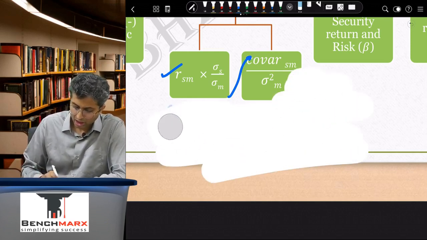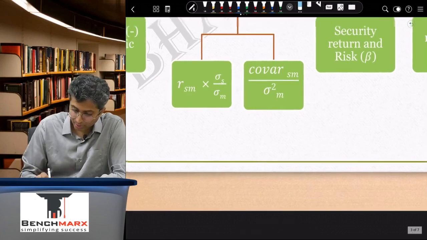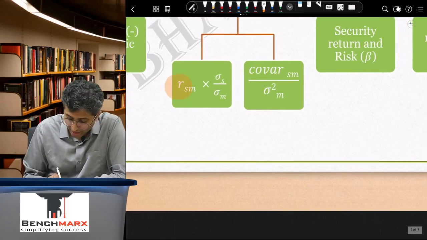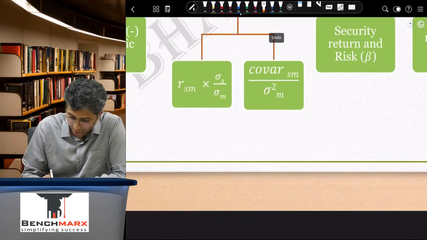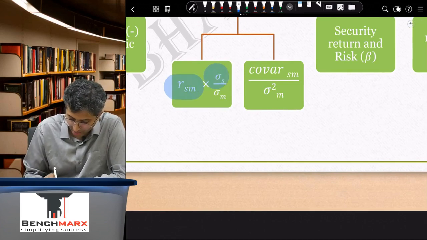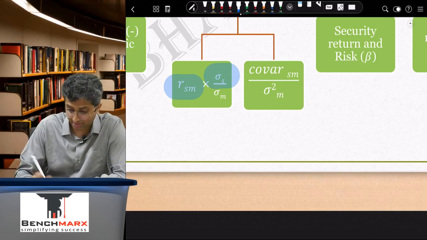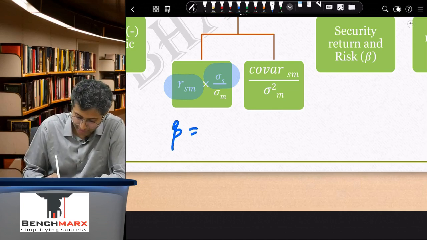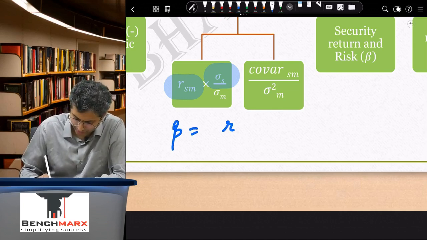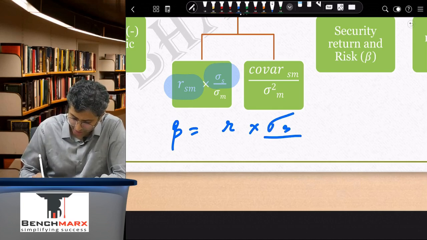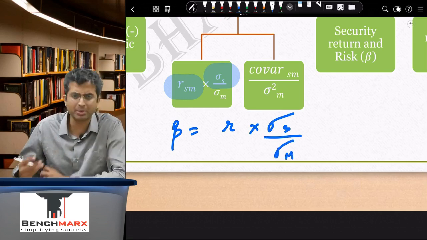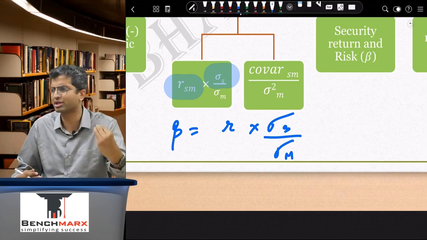Acha. In fact, as we will proceed further, we will see that the numerator of beta calculation, the numerator that you see of beta, that is R into standard deviation S, is basically systematic risk. So when I look at beta, beta is correlation into the standard deviation of security upon the standard deviation of market. Denominator mein is the systematic risk or the total risk of the market.